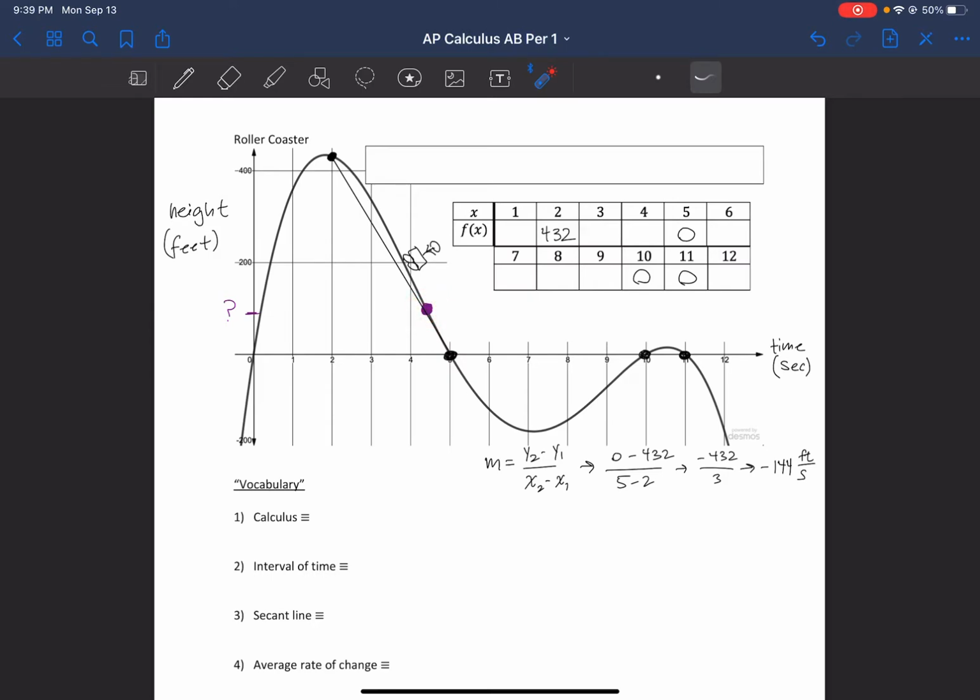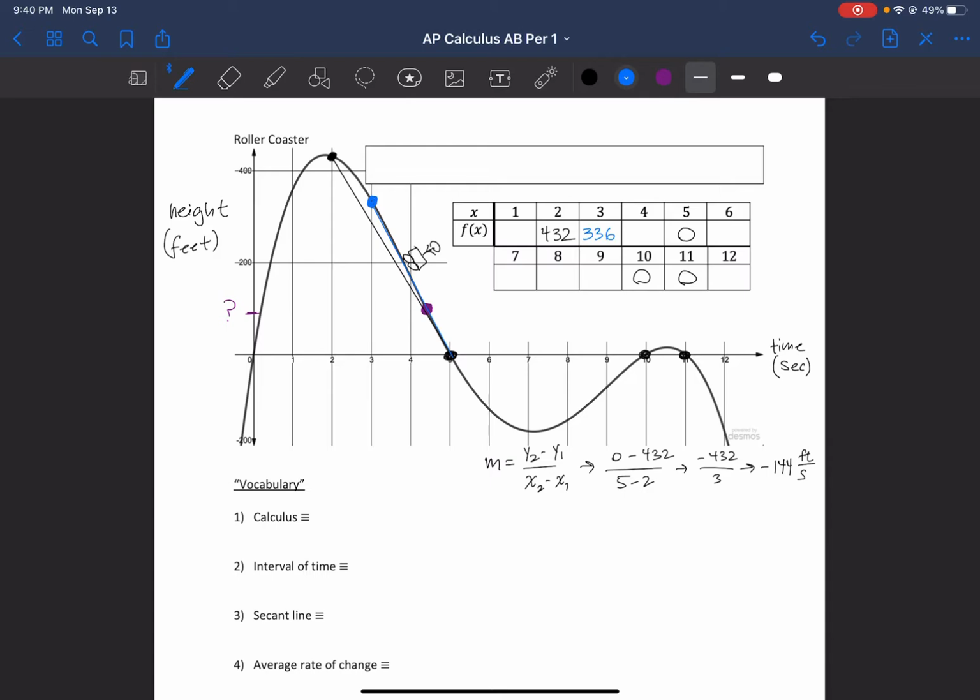A better way to know this at this location is to find an interval much closer to this here. If I know this elevation here, then I can find the slope of this blue secant line. To find it, I need the elevation at 3 seconds.